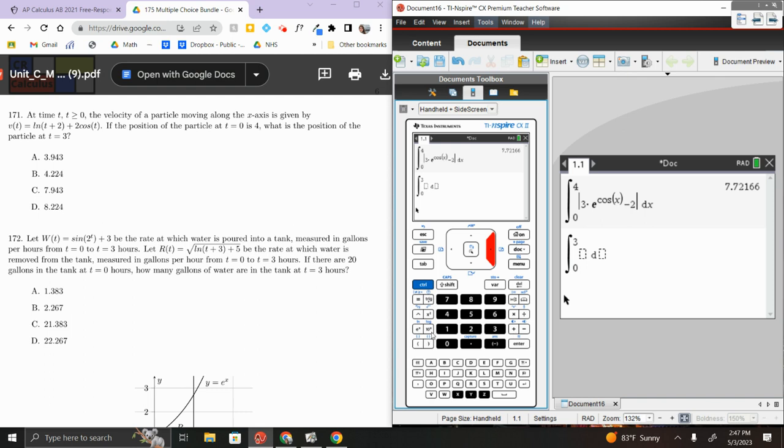Then the velocity is natural log x plus 2 plus 2 cosine x dx.